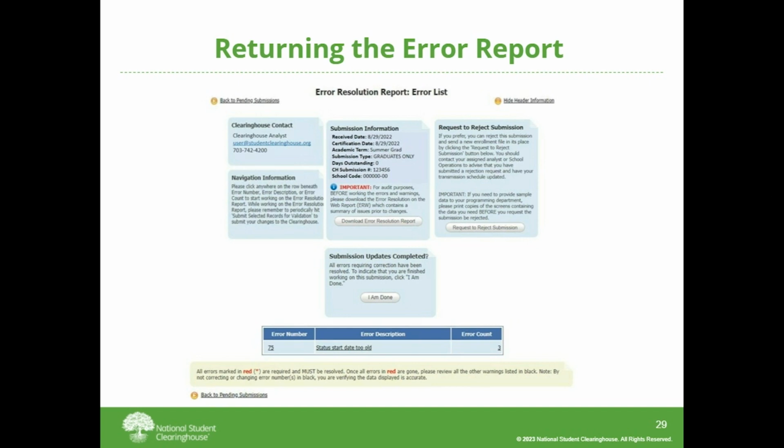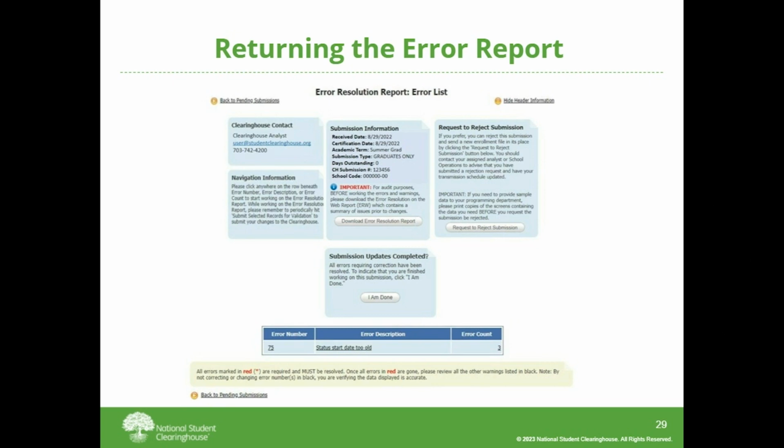If you wish to accept the warnings as is, you are always welcome to reach out to the analyst assigned to the file or email schoolops@studentclearinghouse.org to advise that you have reviewed and updated the warnings and that you would like to accept what is remaining. The analyst will review the warnings when they are returned from the web and will follow up with you if they have any additional questions.